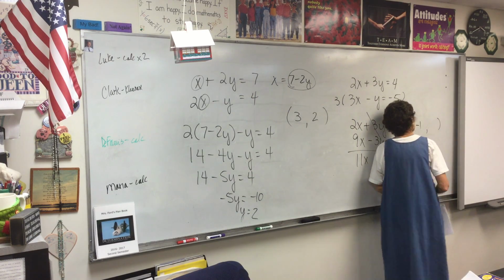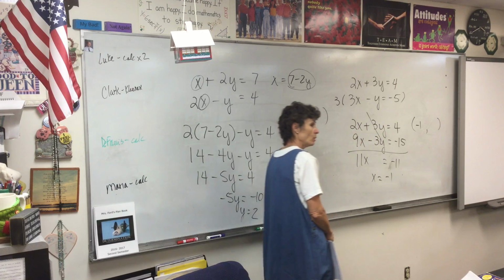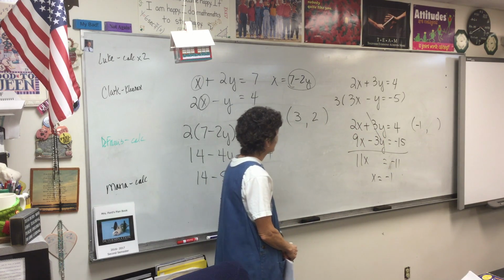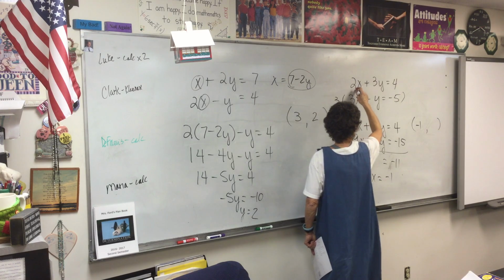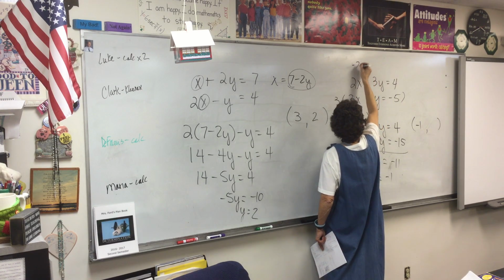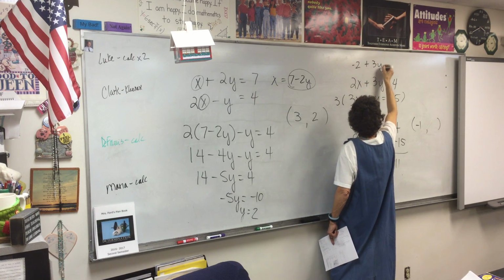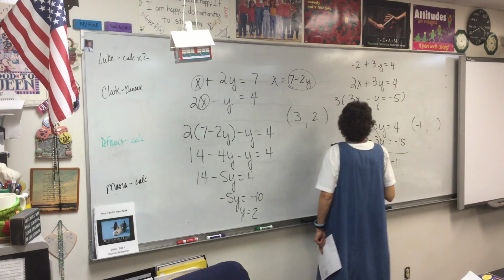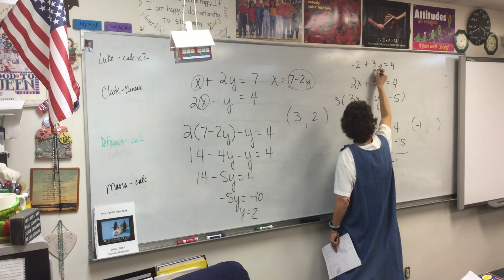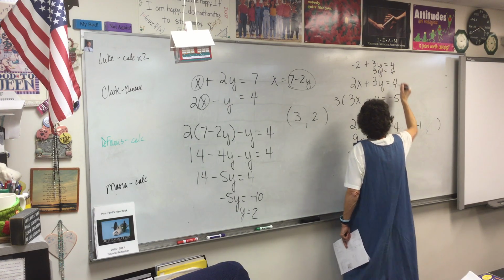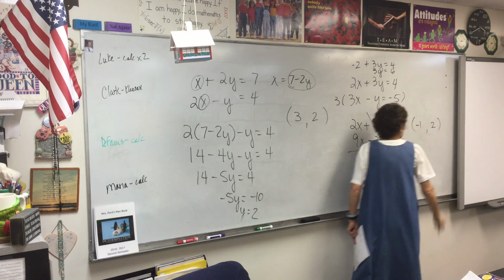Don't stop. If x is negative 1, put it back in somewhere, anywhere. I'll just put it in that top equation. So negative 2 plus 3y equals 4. So I'll add 2, 3y equals 6. Looks like y equals 2.